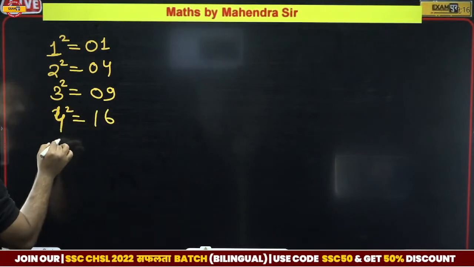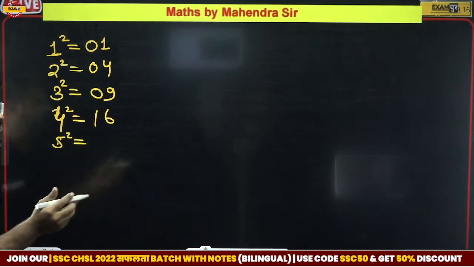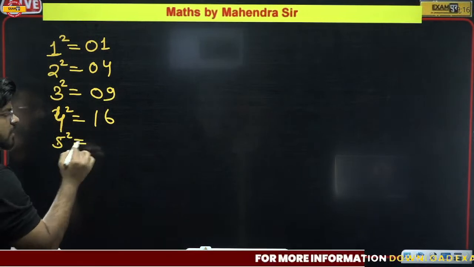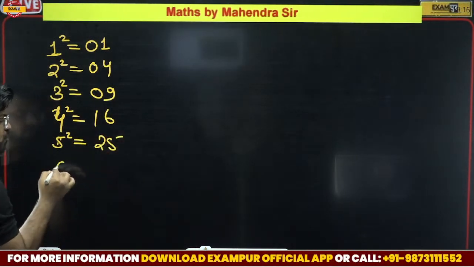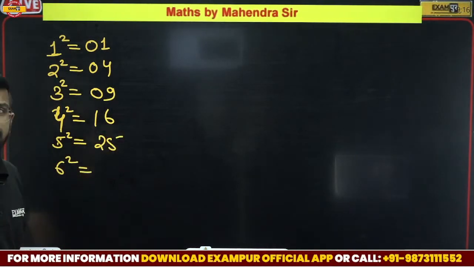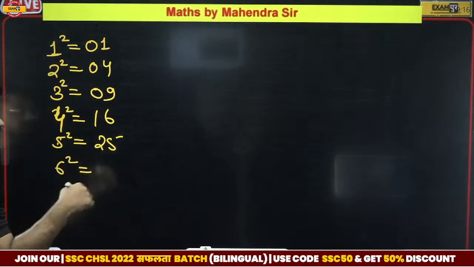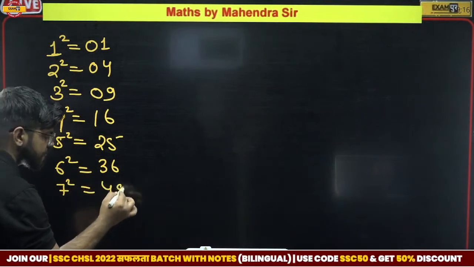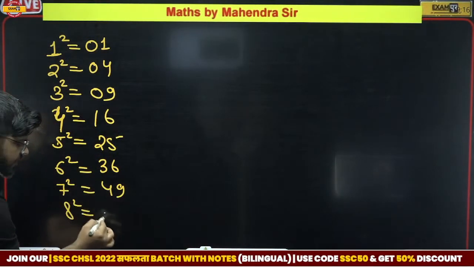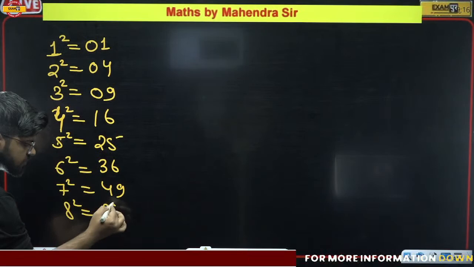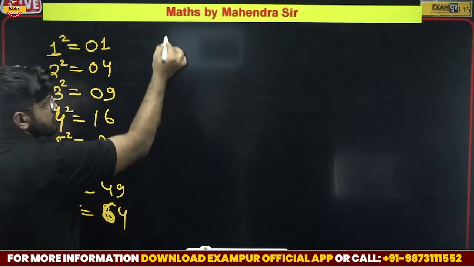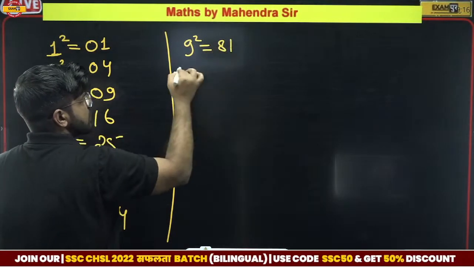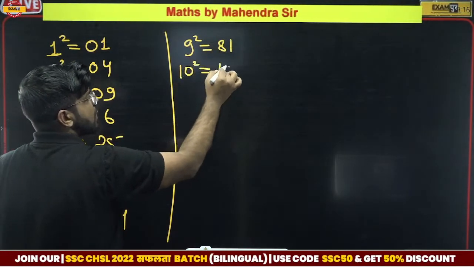16. Then 5 square we have. I am writing this because I am going to tell you something important in this. So this is 25. If you know that, just repeat in your mind, so that you can recall all the squares. 8 square is 64. 9 square will be 81. 10 square will be 100.